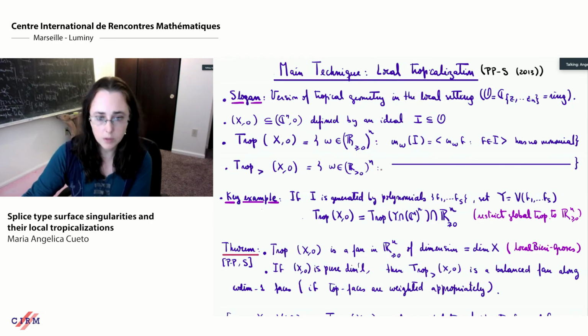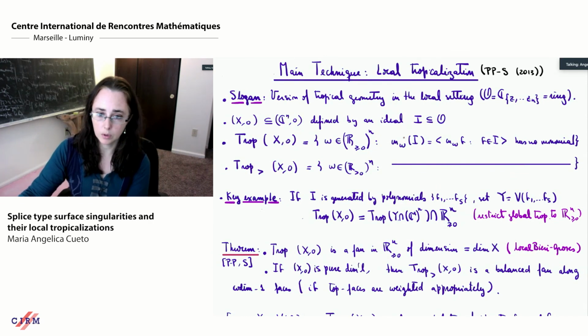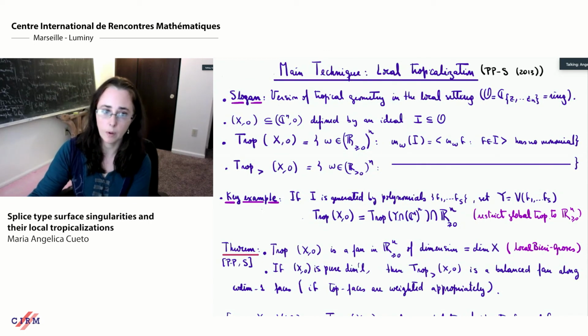And the positive one says, well, you just consider weights that are in the positive orthant. And the condition is that the initial ideal, that is the ideal generated by all initial forms in your ideal, has to contain no monomial. So no monomial is allowed here. In other words, when you compute the variety here inside the torus, it's non-empty, right?